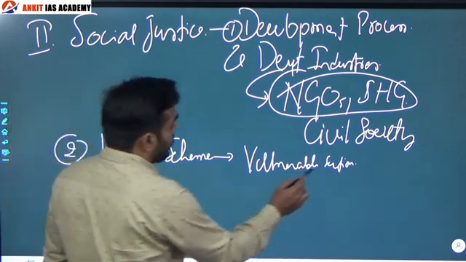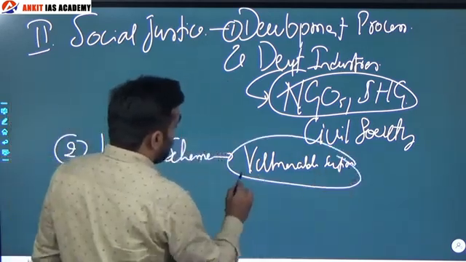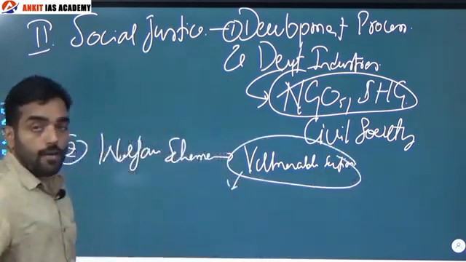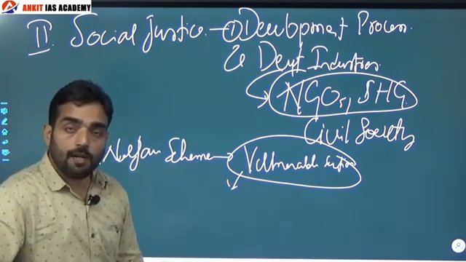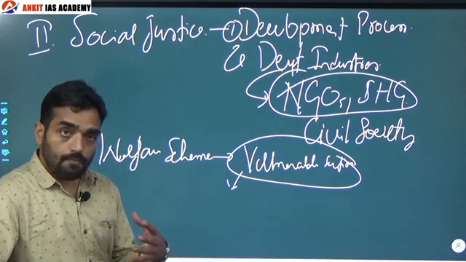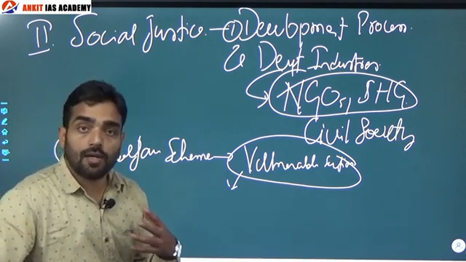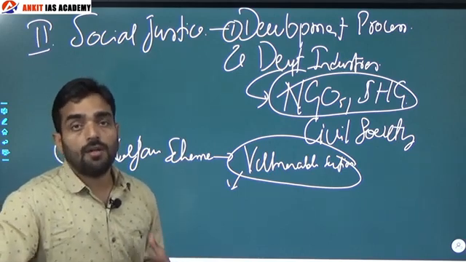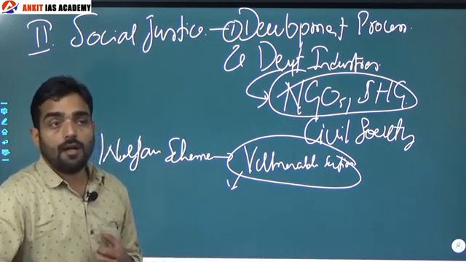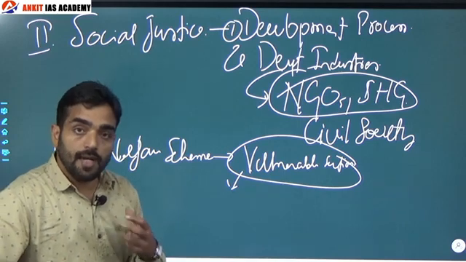And talking about the welfare section, there are also constitutional and regulatory bodies related with the welfare of the vulnerable sections. Let's say National Commission for Scheduled Caste, National Commission for Scheduled Tribes. Then there is Commission for Minorities, Women, people with disabilities.